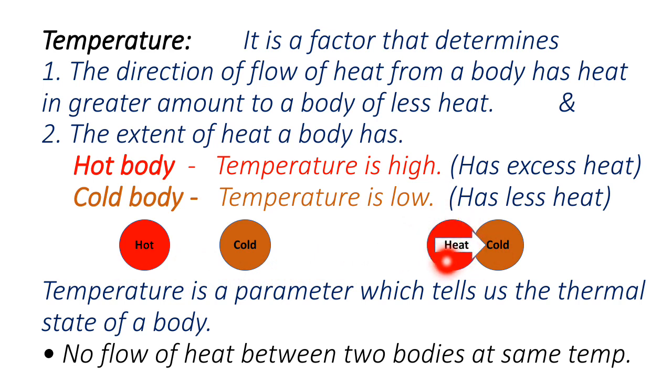So here the heat will start to flow from the hot body to the cold body. Correct. So here we have a definition of temperature. Temperature is a parameter which tells us the thermal state of the body, and it is also defined as the degree of hotness or coldness of the body, and it also determines the direction of flow of heat.